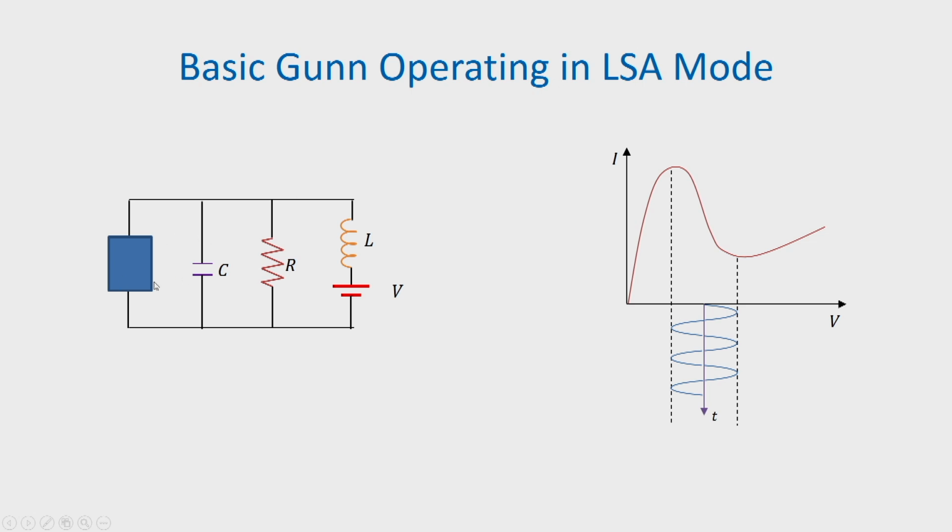Here we have this device as a part of a resonant circuit whose resonant frequency is much higher as compared to the intrinsic transit time frequency.